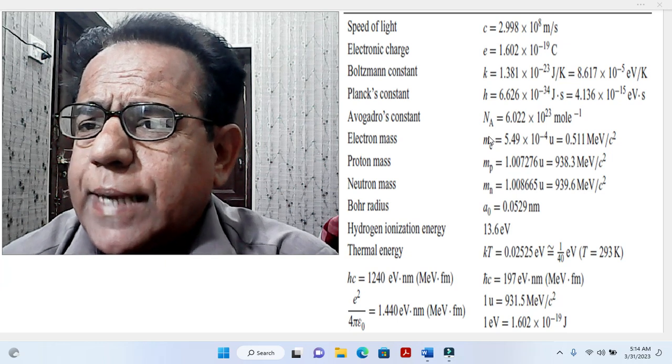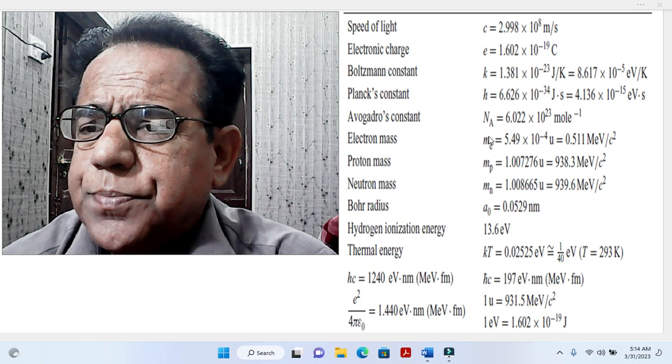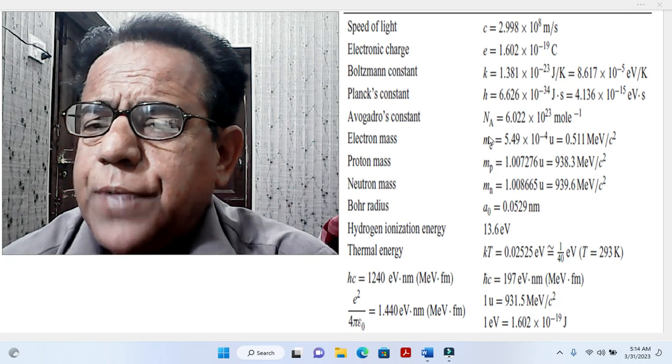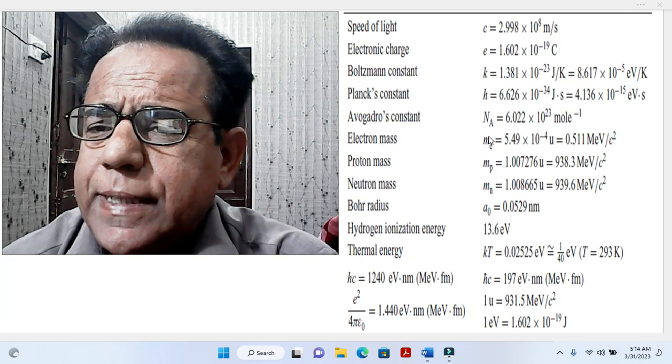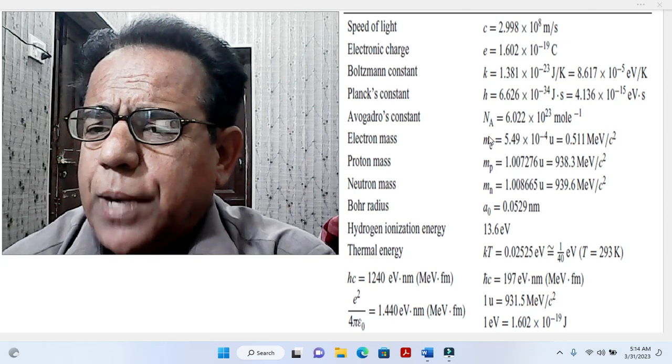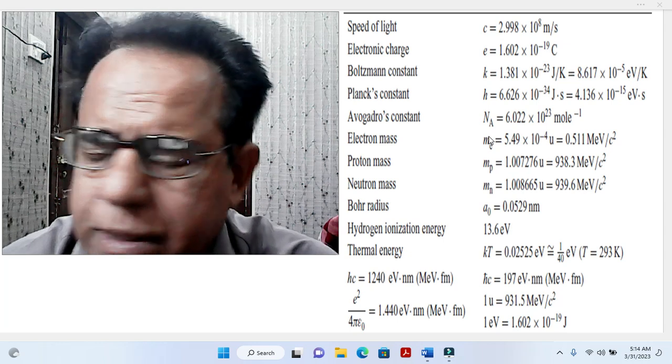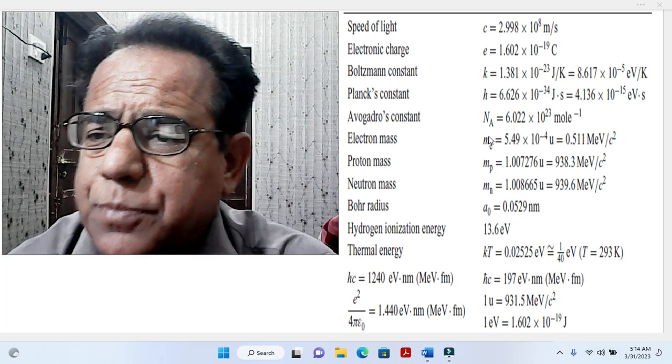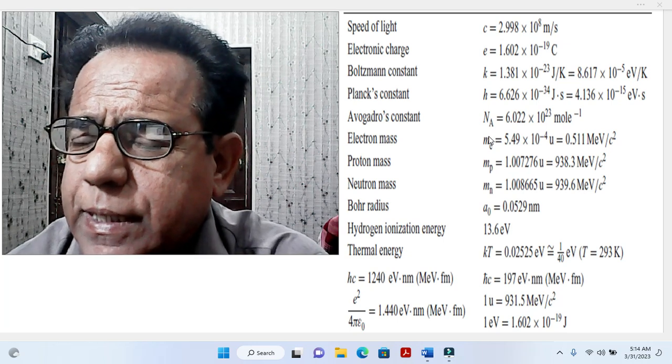Electron mass is relevant, the value of hc combined is also relevant. One atomic mass unit equal to 931.5 million electron volt over c square is relevant.